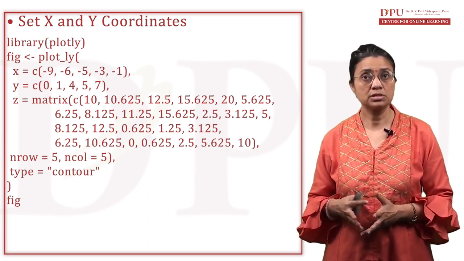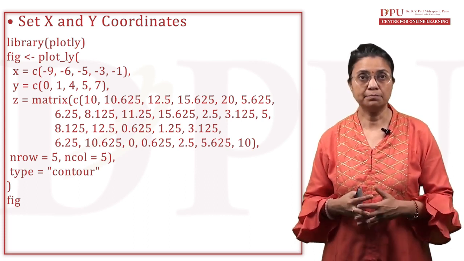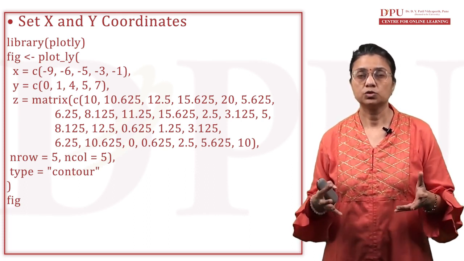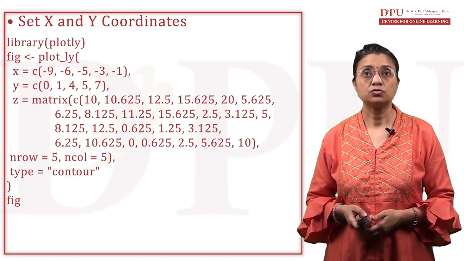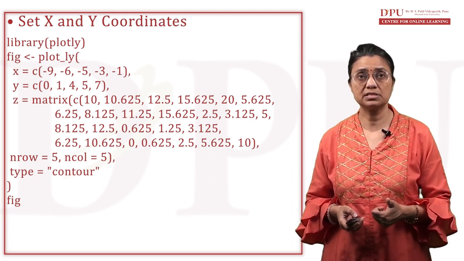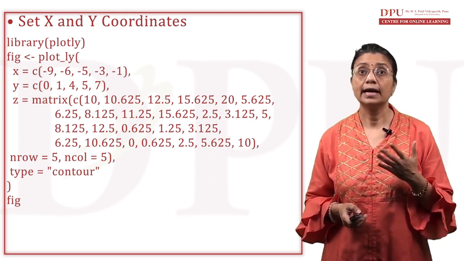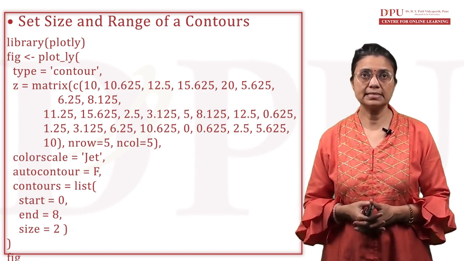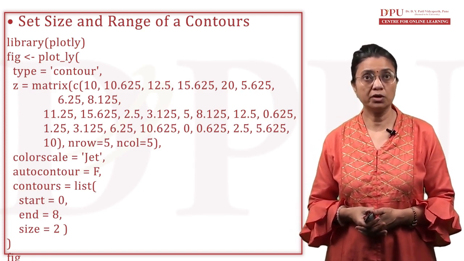So there are 5 rows and 5 columns. Type equals contour, and then I print fig, so I give my result. So you can see that I have passed first the x vector, second the y vector, and third the z matrix.